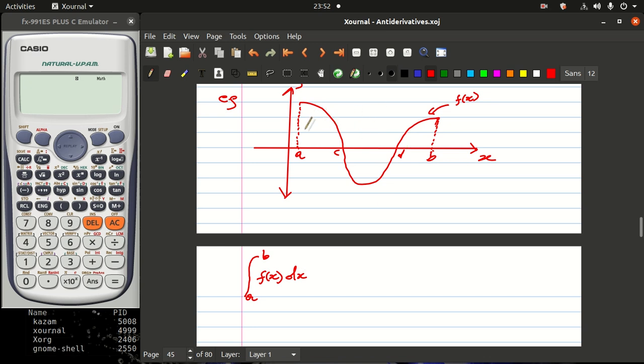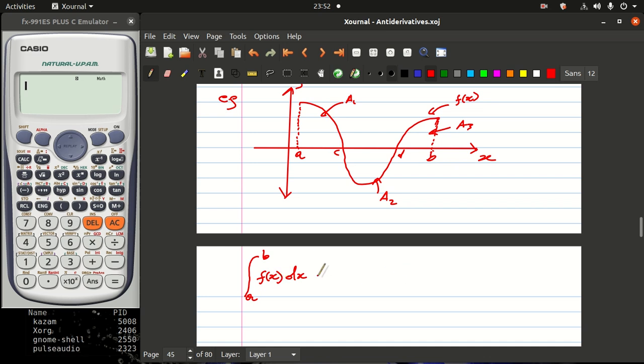So suppose this region here, I'm going to call this area a1, and this area there I'm going to call a2, and this one there I'm going to call a3. Now if I wanted to find this definite integral, what am I actually looking for?